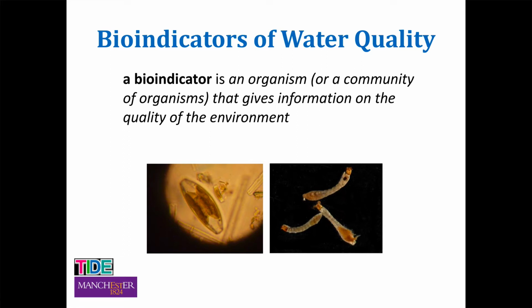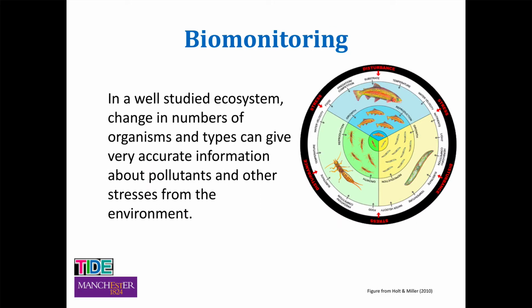So examples of bioindicators. So these bioindicators can be used to biomonitor your system. In a well-studied ecosystem, the changes in the numbers of organisms and types can give very accurate information about pollutants and other stresses from the environment.